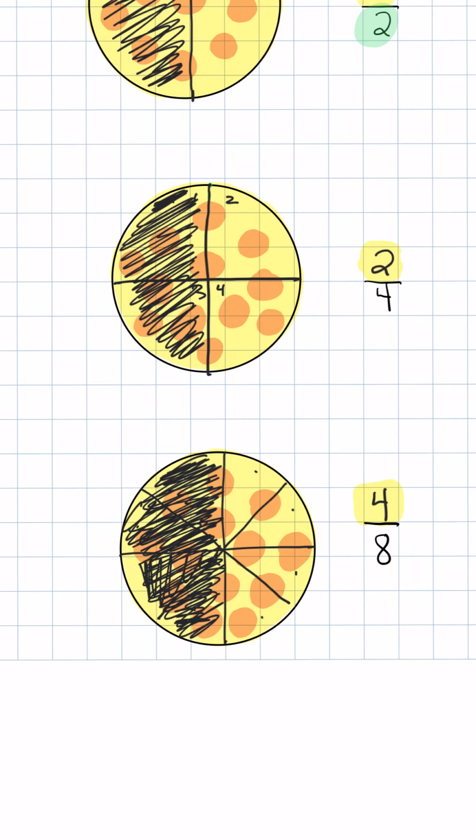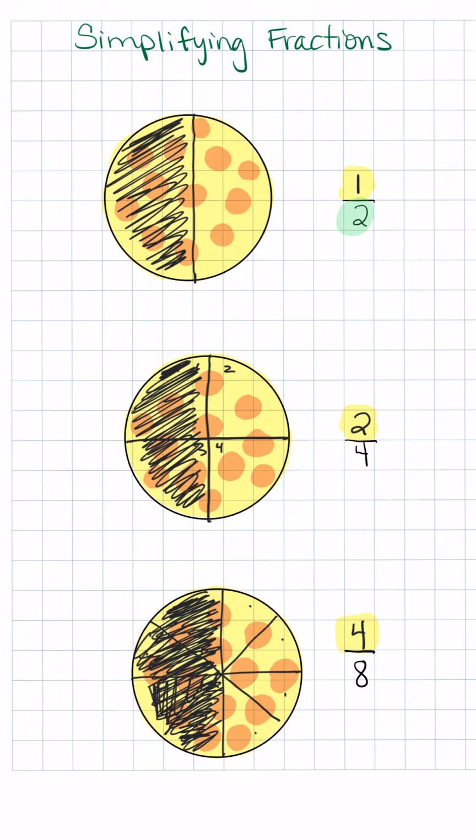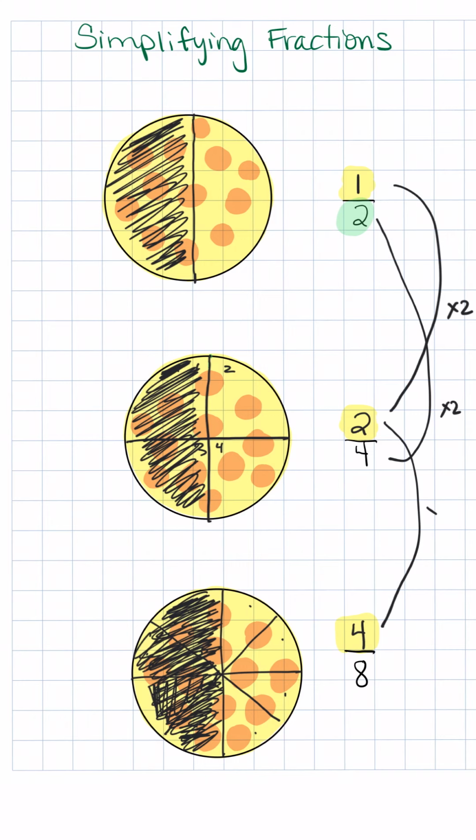So if we look at these, for it to go from 1 slice to 2 slices, I'm multiplying by 2. To go from 2 to 4, same thing, multiplying by 2. 4 to 8, also multiplying by 2.